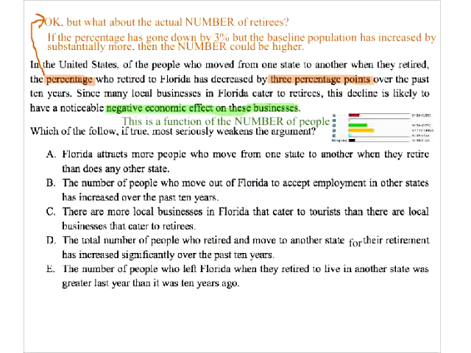So that's a function of the number of people. To weaken this argument, you are probably going to capitalize on the discrepancy between these percentages and these numbers, because they haven't given you any data about the businesses.